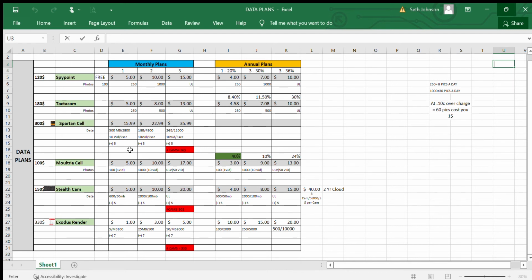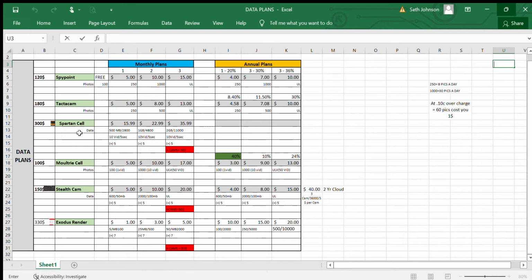So if you have 4 cameras, you're going to pay $20 plus the $16. So you're going to pay $36 for the small plan. And that's pretty much middle of the road. So bump that up, you're looking at a gigabyte, 4,800 pictures, $23 plus $5 per camera, and $36 for 11,000 pictures. Now they actually have bigger plans.